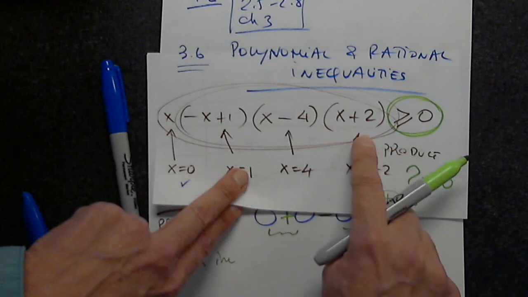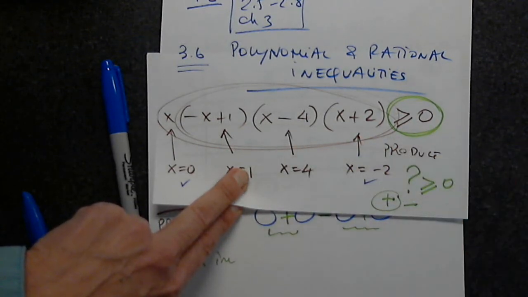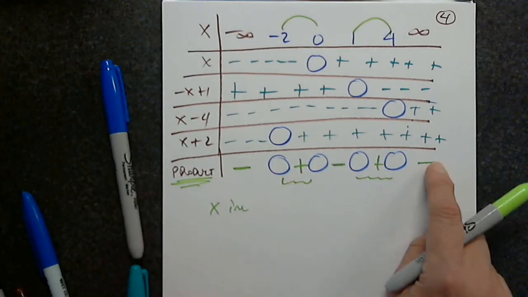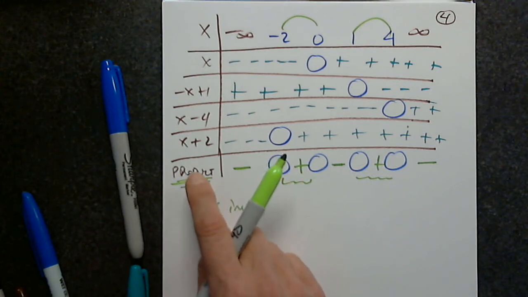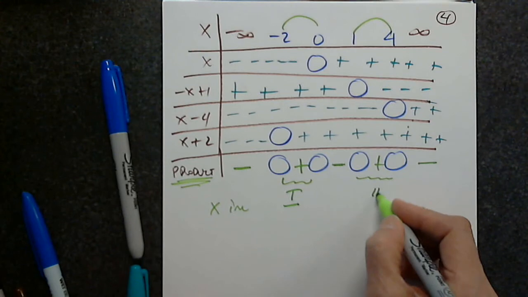So I'm asked to find x such that this product is greater than or equal to 0. What sign do I pick for the product so that it's greater than or equal to 0? Positive, correct? So then I look at the table at the bottom last row, and I'm asking myself, is this product ever positive in this interval, in this interval?